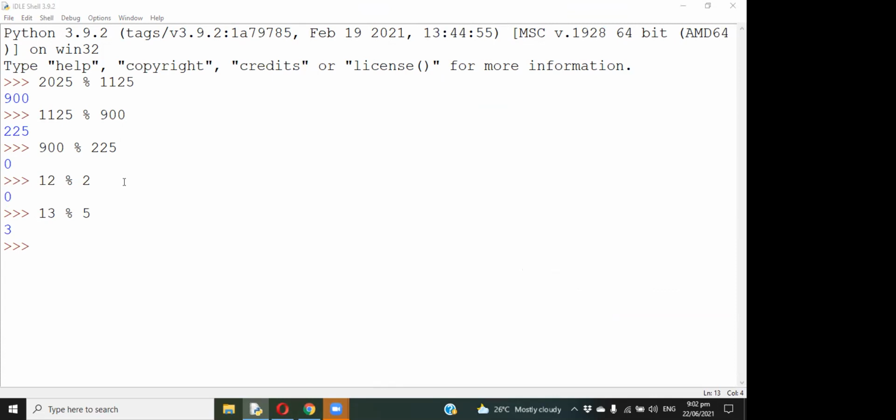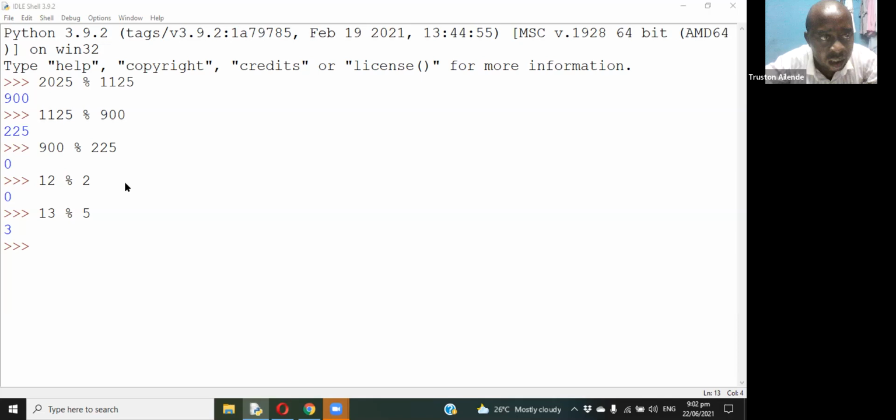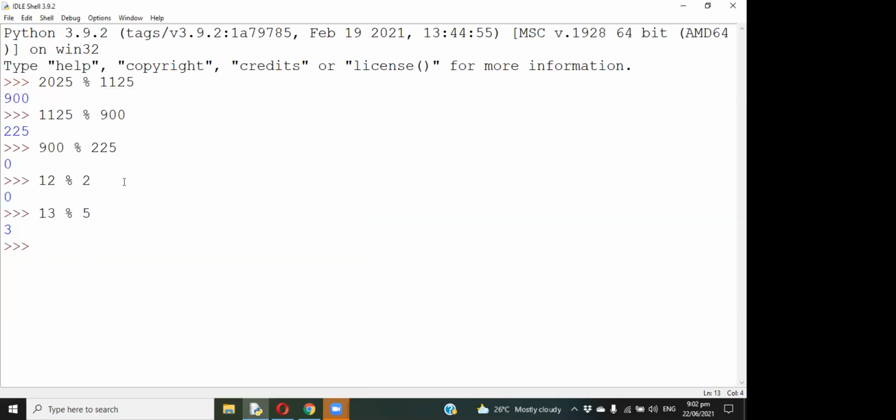So what happened there was 2025 was divided by 1125. No, it will be 1 whole number remainder 0.